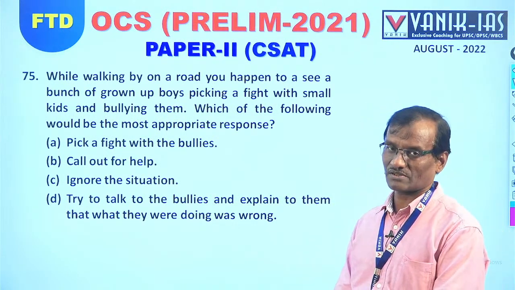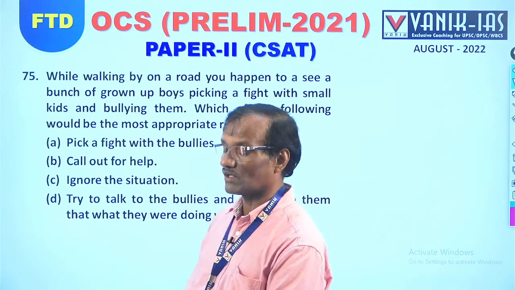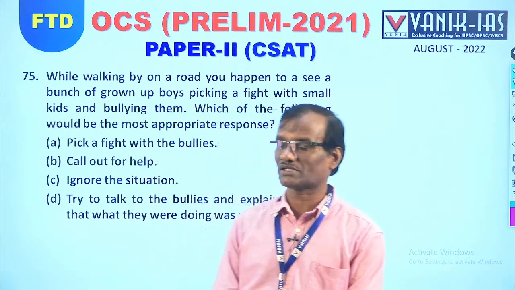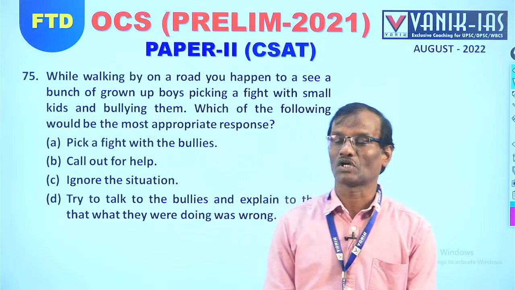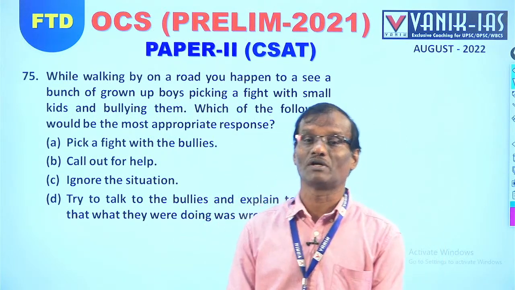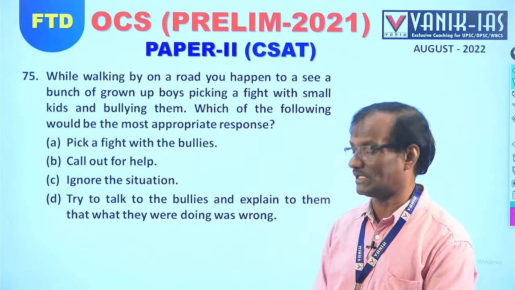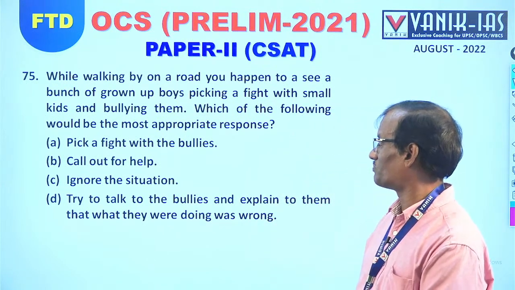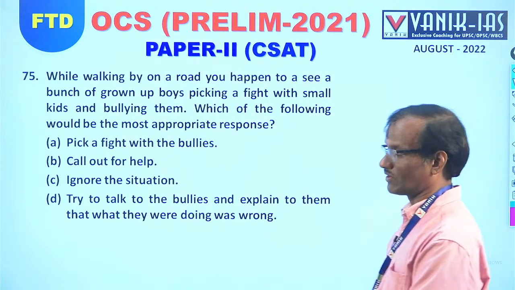Ignore the situation. You cannot ignore, because you are an active citizen and a responsible person. Ignoring the situation is not a solution, and it will show that you are incapable as a social leader, as a social person, or as a citizen. Then try to talk to the bullies and explain to them that what they were doing was wrong.